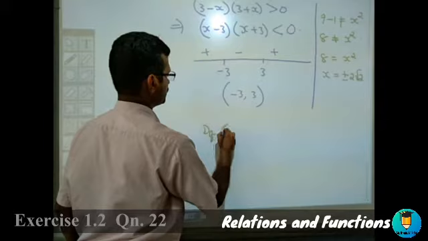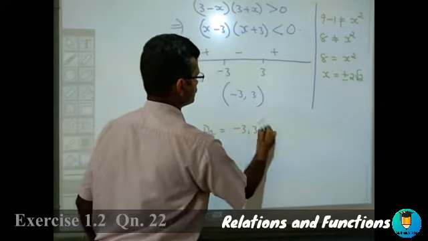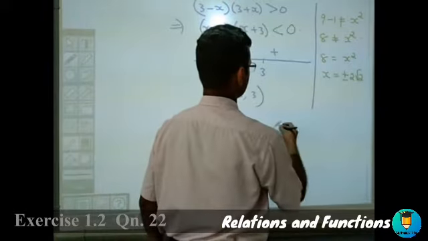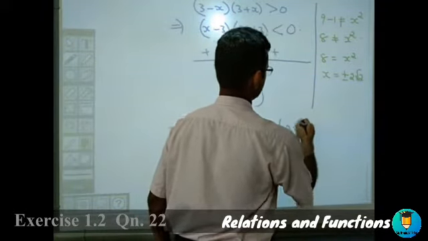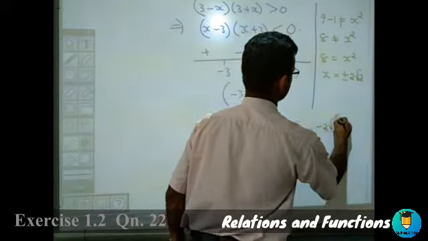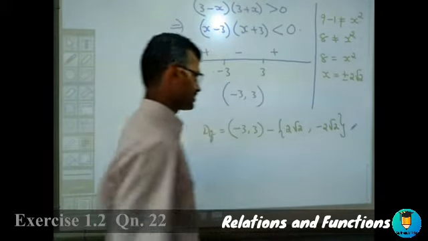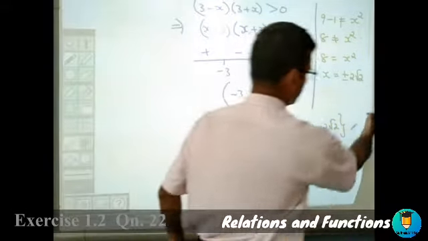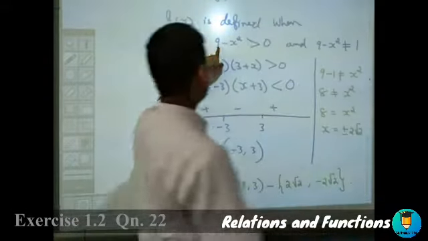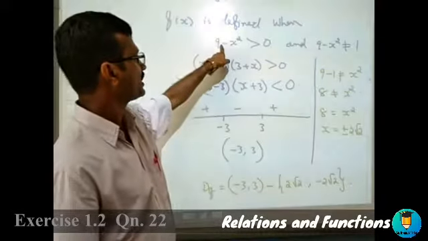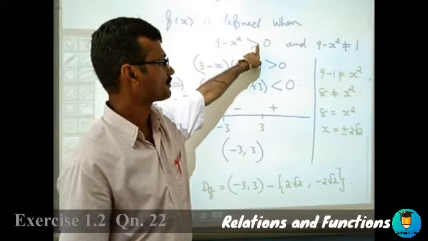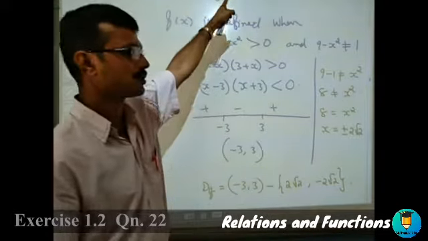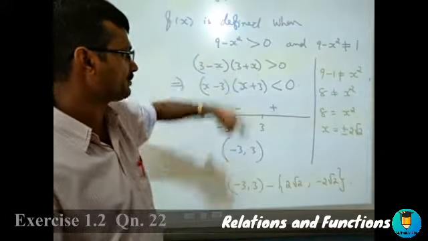Therefore, the corresponding domain of this function is from minus 3 to plus 3. It is an open interval. From this I have to remove these two values, plus 2 root 2 and minus 2 root 2. I have to avoid them. So this will be the corresponding domain here. For the logarithmic function, f(x) is defined when 9 minus x² must be positive, and it cannot be equal to 1, because equal to 1 means log 1 is 0, and 1 by 0 is not defined.